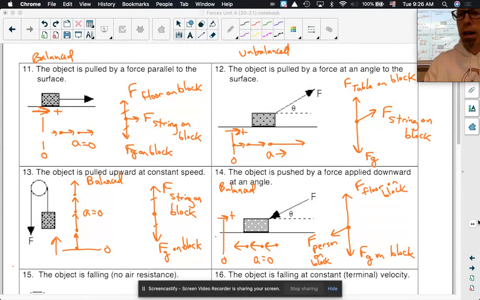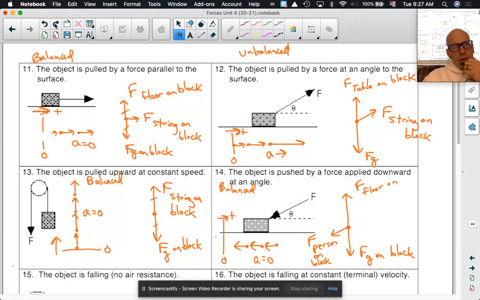So I hope you're noticing that they don't tell you on all of these what the object is actually doing. This says the object is pulled by a force parallel to the surface. Oh, I erased part of this.